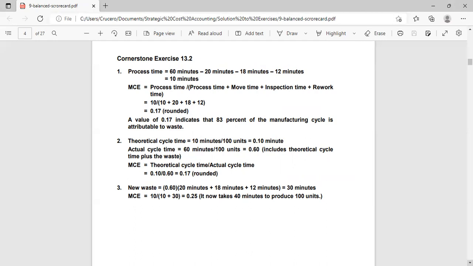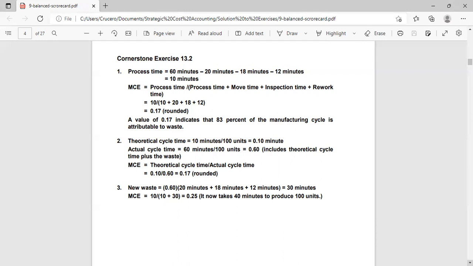We deduct the move time of 20 minutes, the inspection time of 18 minutes, and 12 minutes of rework time. These activities are considered to be non-value added.